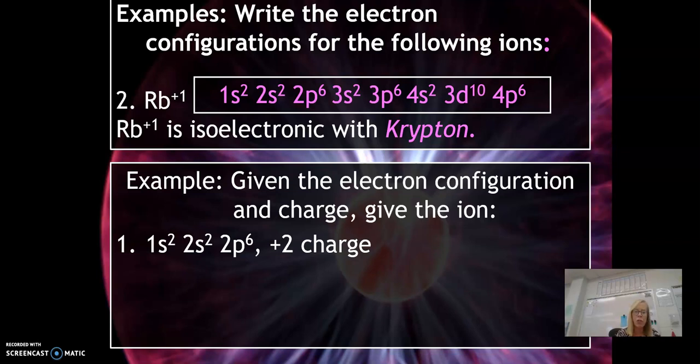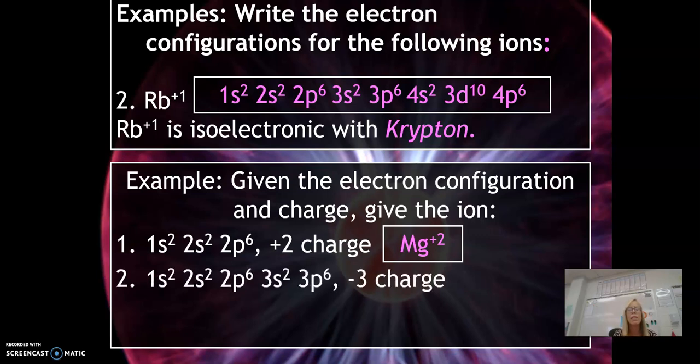If it's a +2 charge, it has lost 2 electrons. So this must be magnesium, because if you had magnesium with 12 electrons and it lost 2 to have a +2 charge, then it would have this kind of electron configuration. So it's the magnesium 2+ ion.